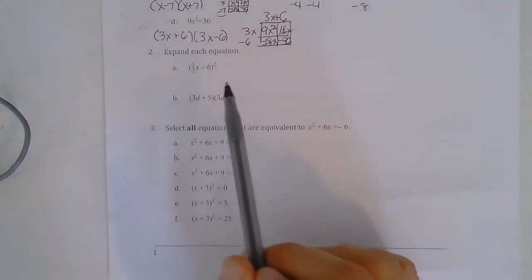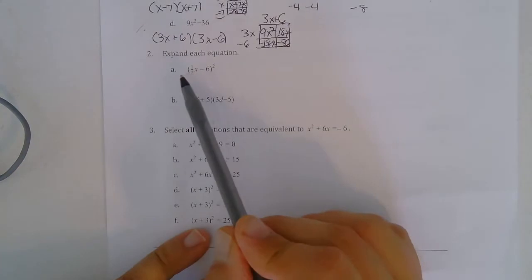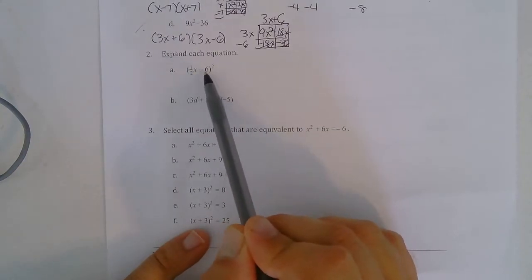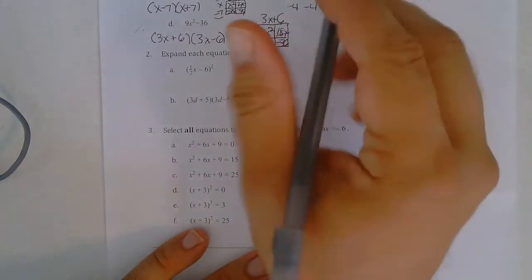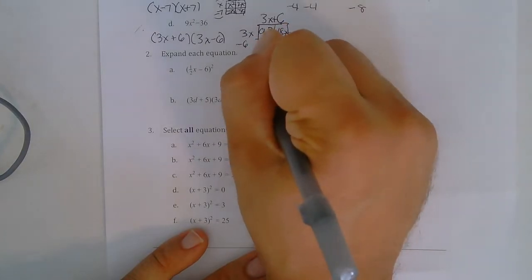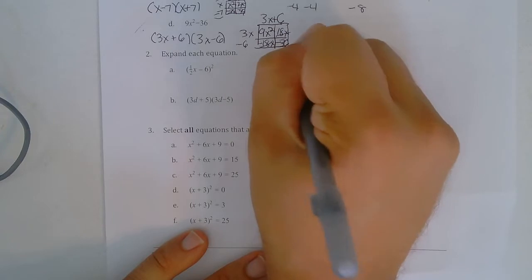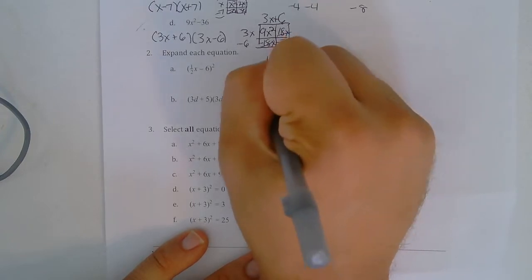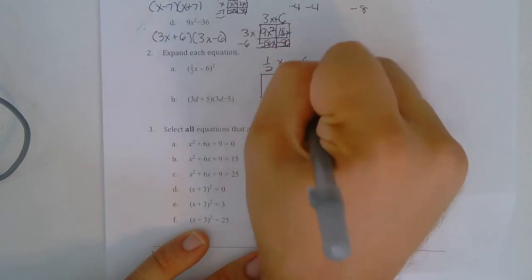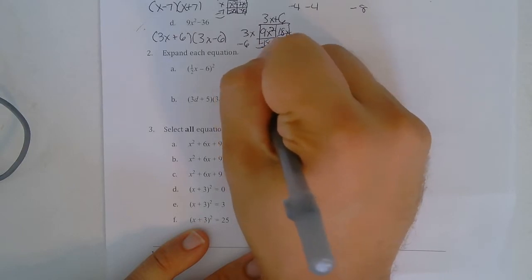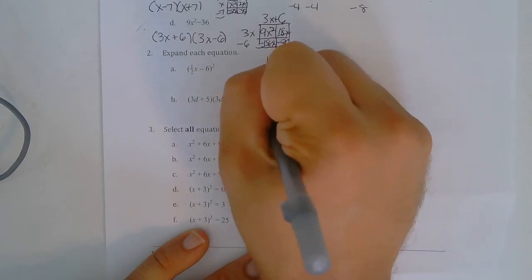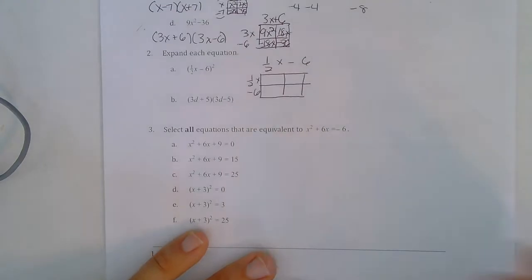Now, to expand each equation, what you would do if I have 1/2 x minus 6, I'm going to, again, make my area model. So 1/2 x minus 6. And then times 1/2 x and then minus 6, because that's what happened when you squared it.